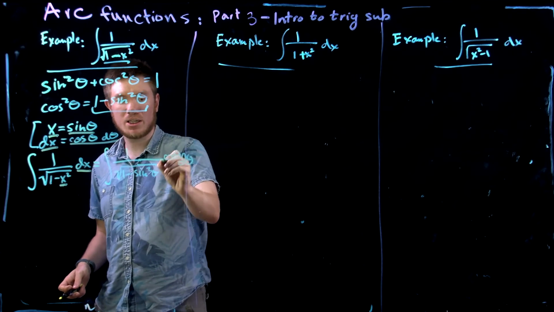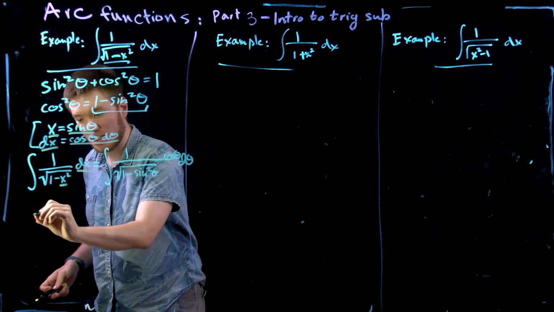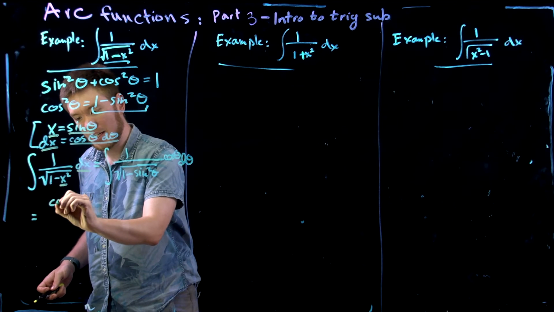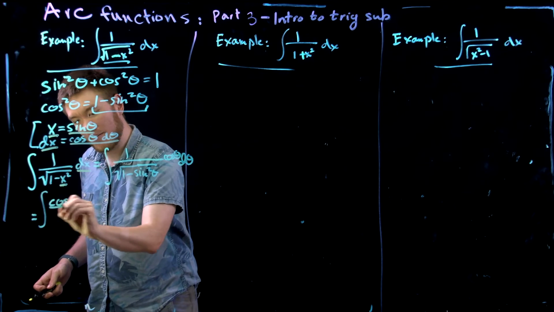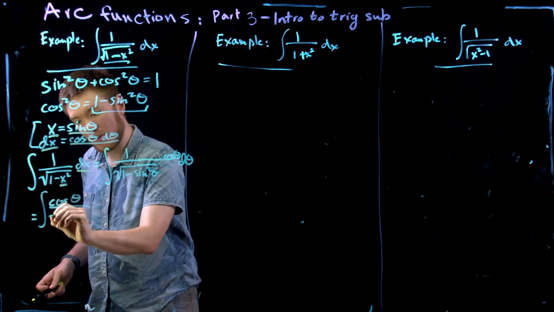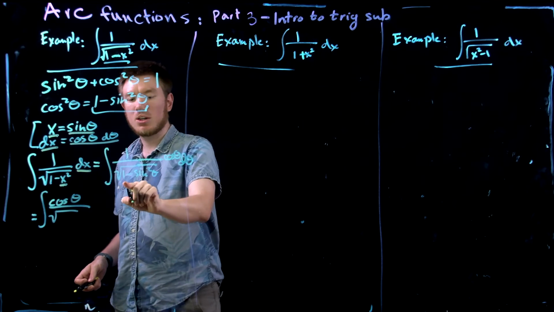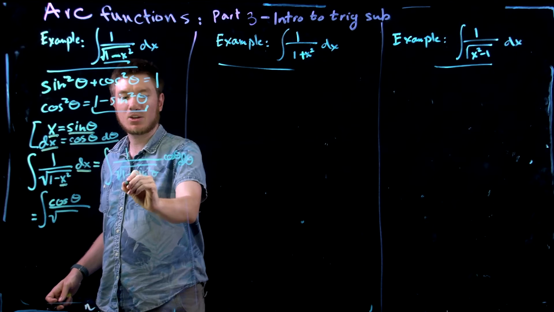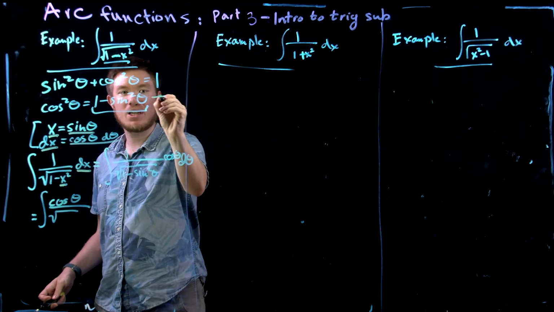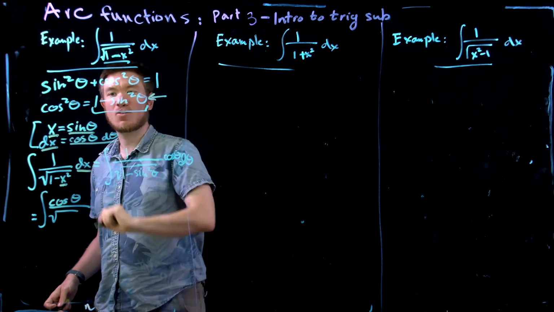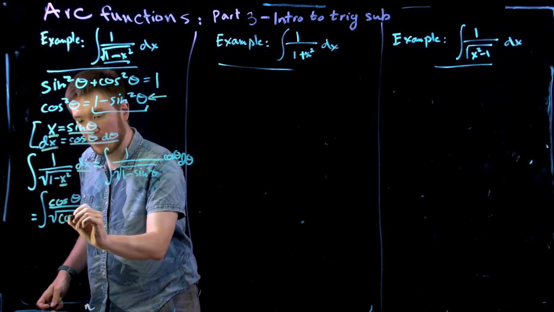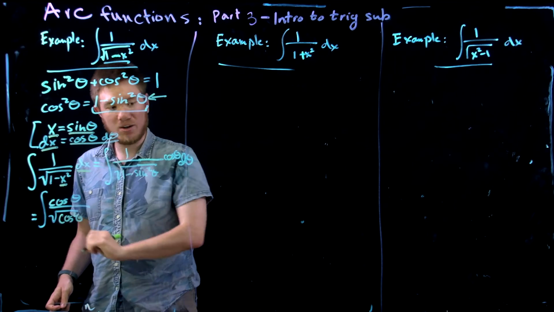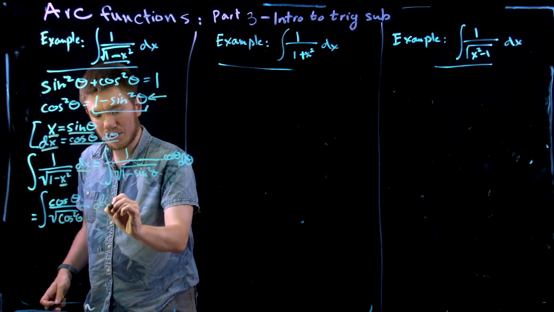We can bring the cosine up into our numerator to make things look a little nicer. So we get the integral of cosine theta over square root. Now, notice that 1 minus sine squared we have up here is cosine squared theta. So now we see the benefit of making the substitution.